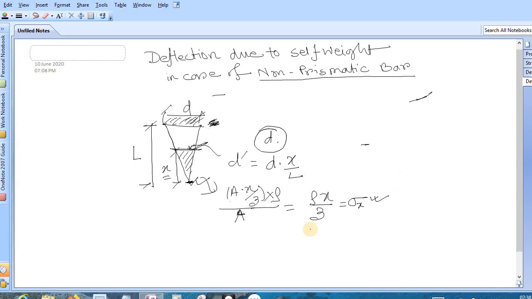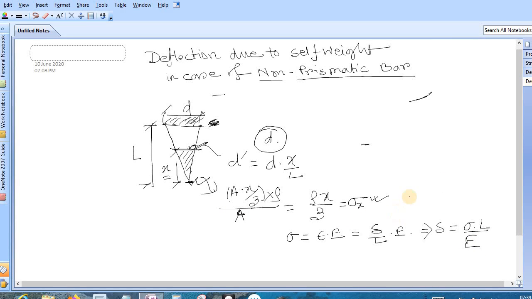Clear? Now from Hooke's law you know that stress is equal to strain into modulus of elasticity, or delta per unit length into modulus of elasticity. From that you get deflection equal to sigma L divided by E. At this distance consider a very small thickness dx.